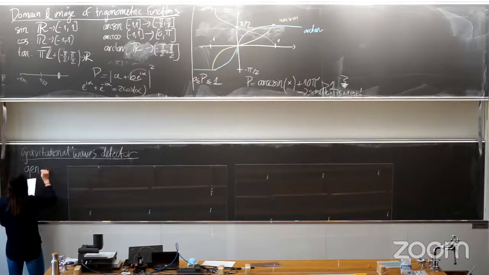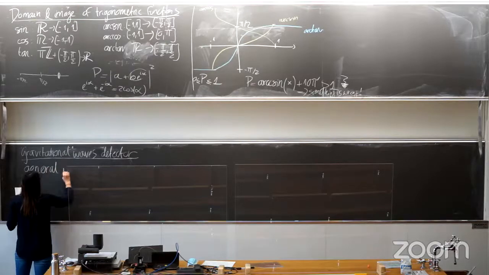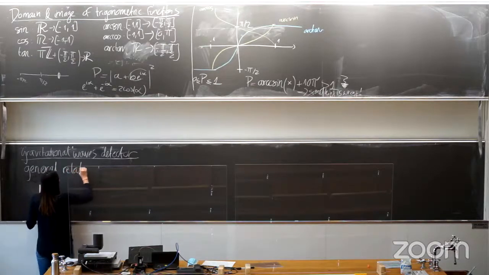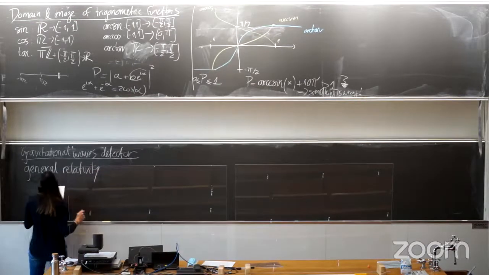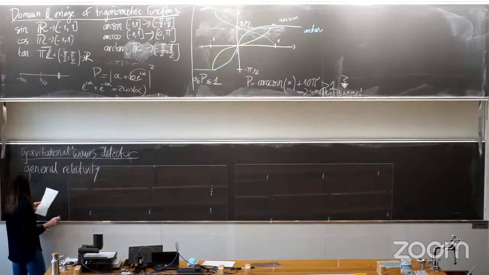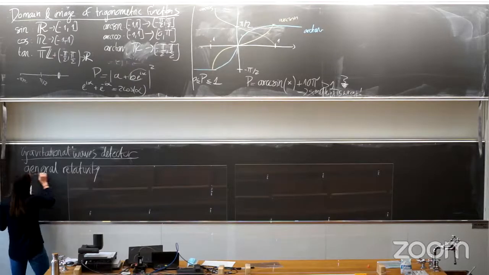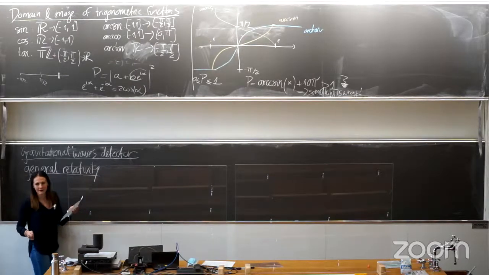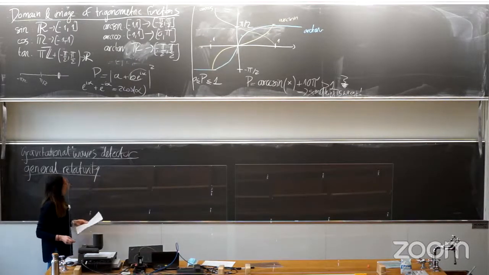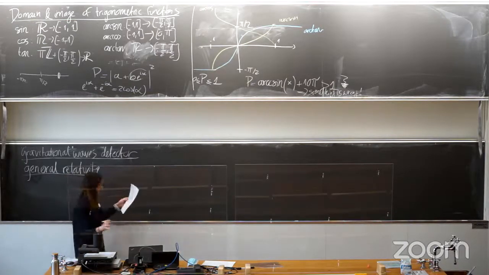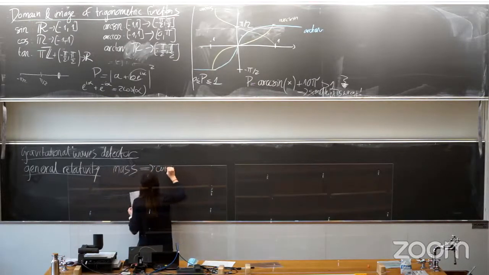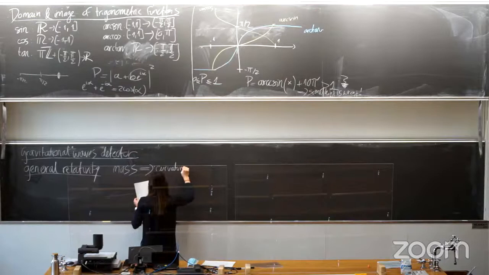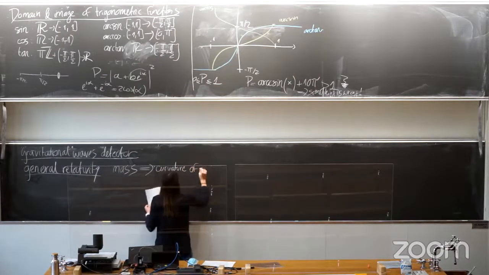So general relativity, and probably a lot of people, even if you're not a physicist, know that this is the theory founded mainly by Einstein. And among many other things, it tells that if there is mass, we have a curvature of space-time.